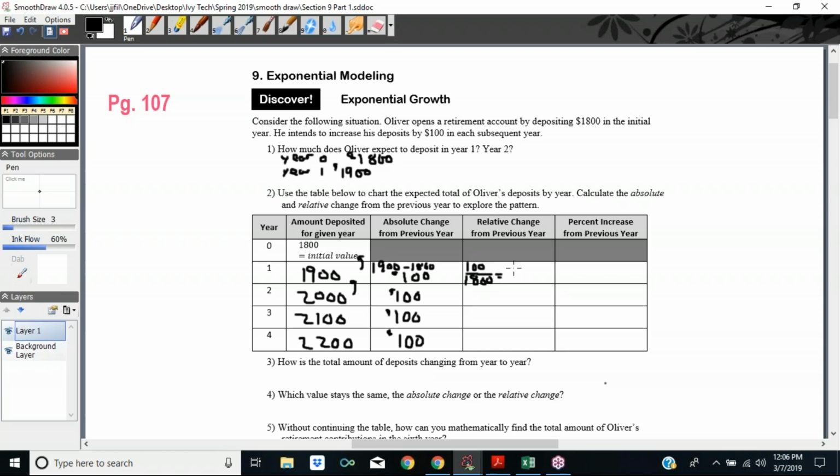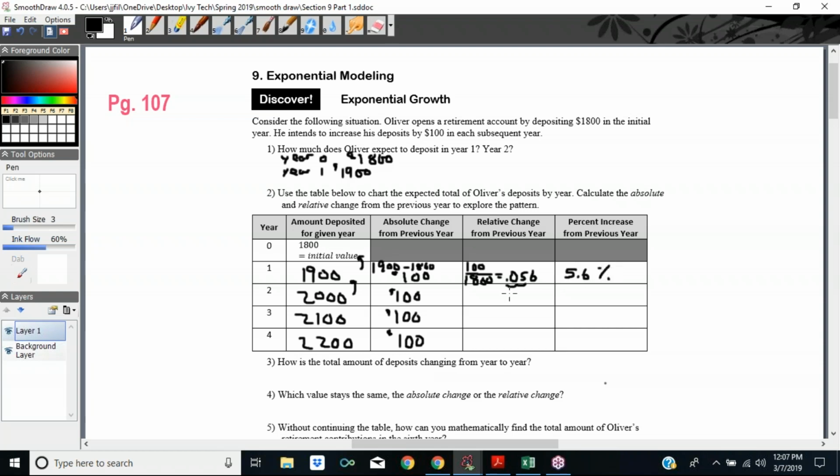Let's see, dividing those, I get 0.056. Yes, thank you, Caitlin. And so, almost, Caitlin, it's 0.056. And so the percent then is move the decimal 2 places to the right, and it becomes 5.6%.